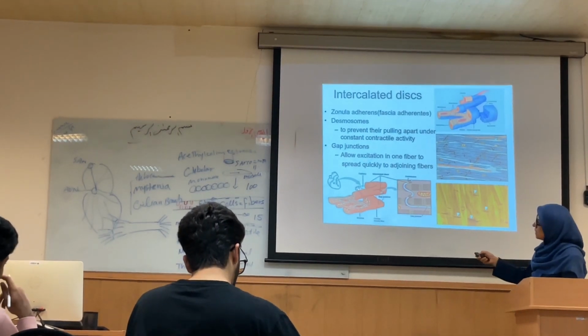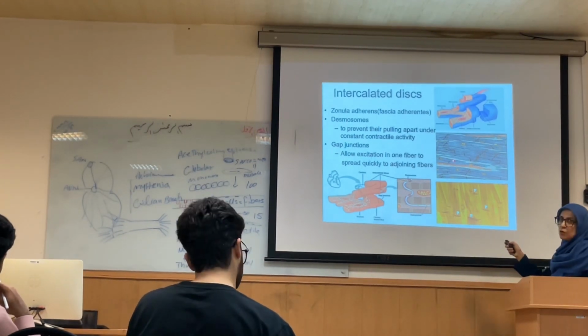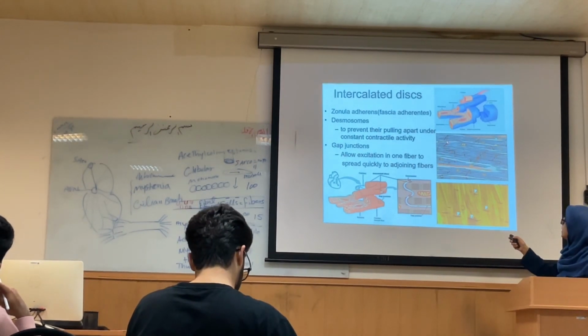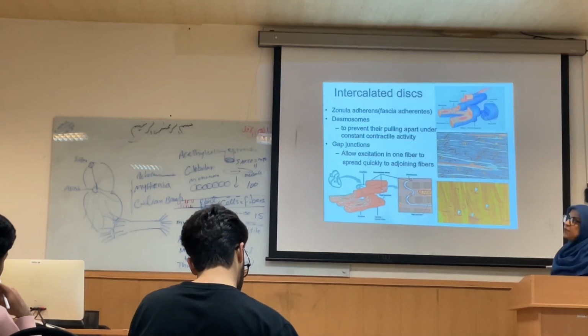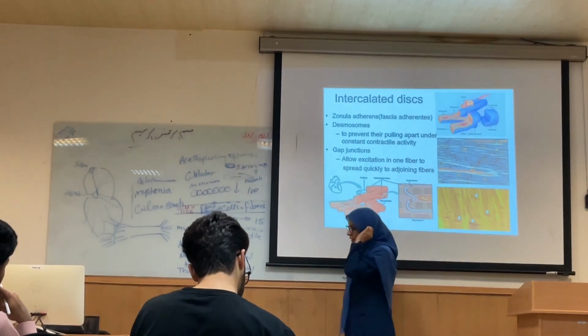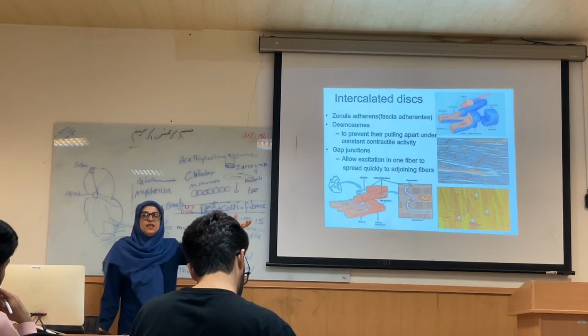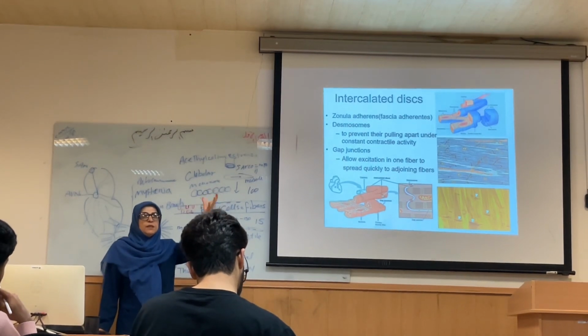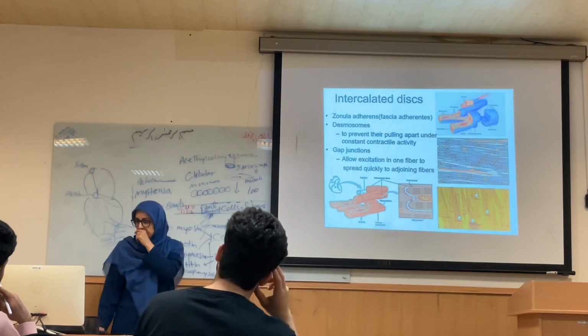They are the zigzag light structures under the electron microscope. These junctions are in the intercalated discs. The intercalated disc is a specific structure in the cardiac muscle, not in other muscle.